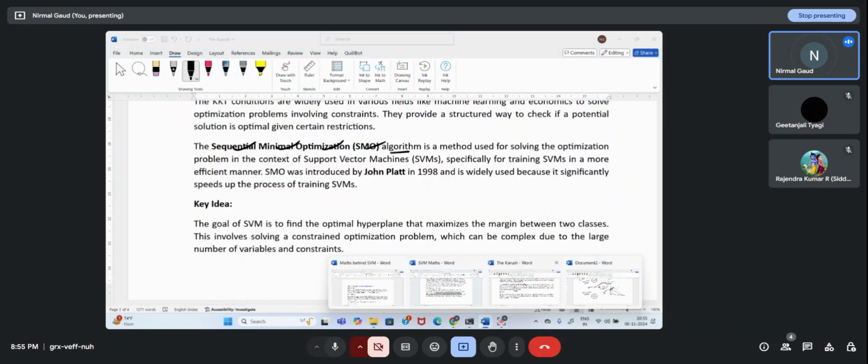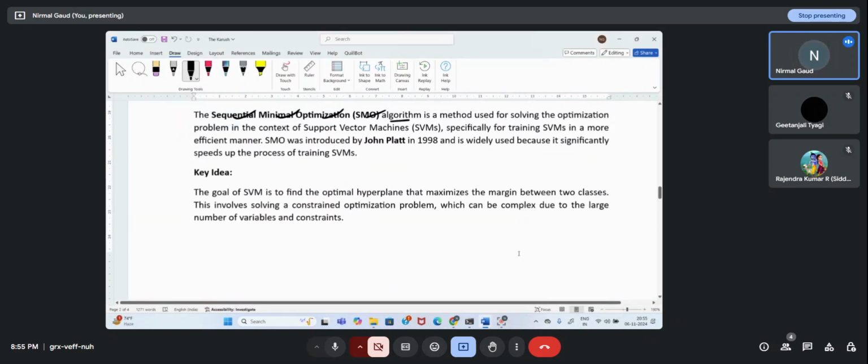Let's discuss SMO. It is an algorithm used for solving the optimization problem. Obviously, now I will have a dual optimization problem. In the context of SVM only, especially for training SVM in a more efficient manner.